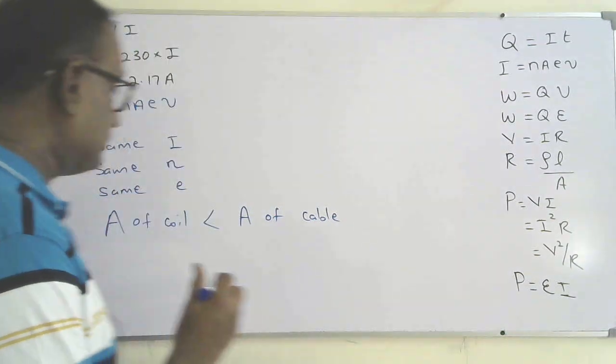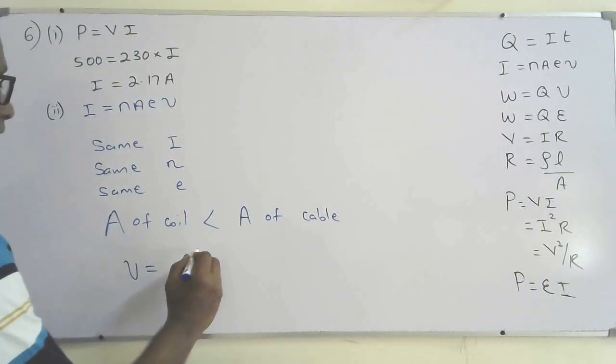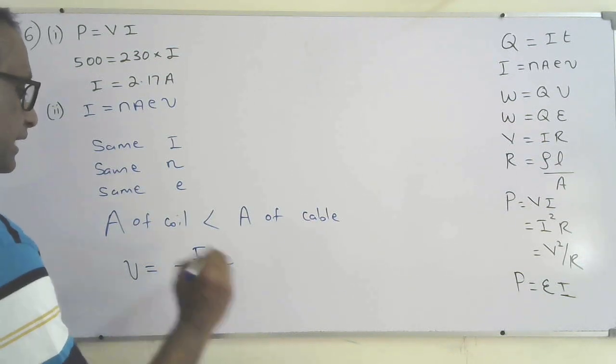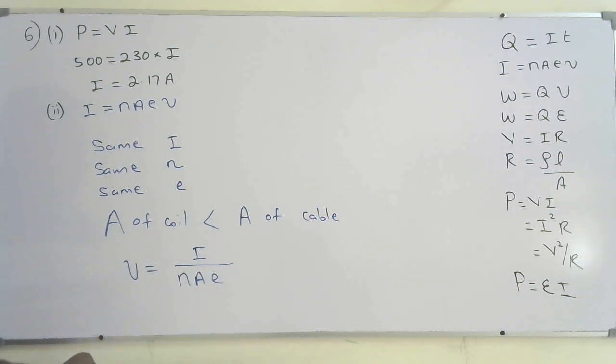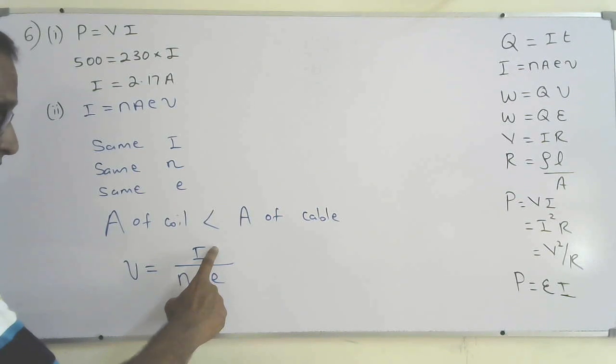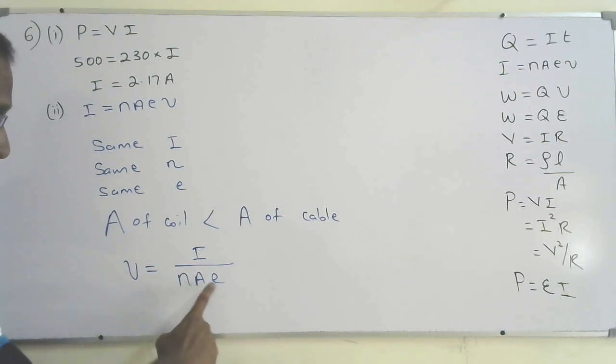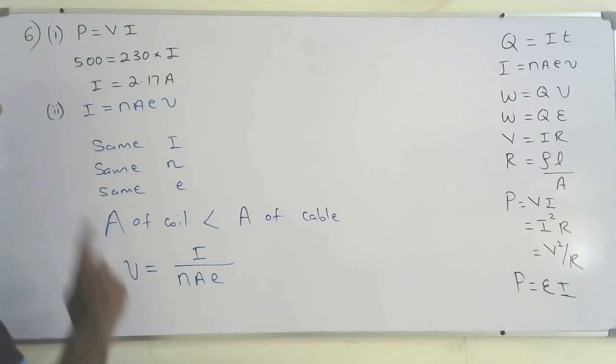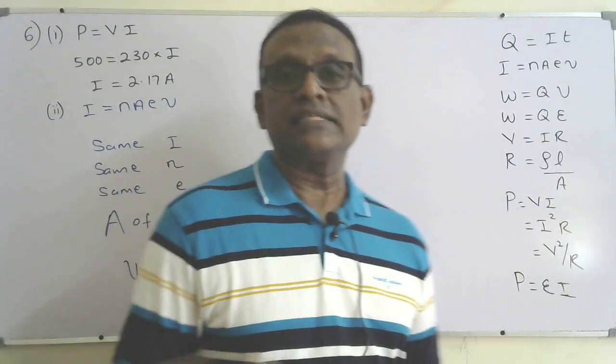I can make v the subject if you want. v is equal to I over nAe. Both have the same I, same n, same e, but the thinner wire, that is the coil, has the smaller area of cross section. Therefore, the electrons in the coil will have larger drift speed. That's the answer.